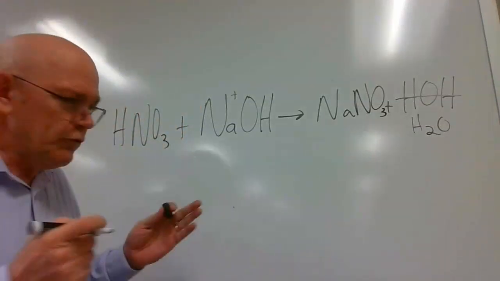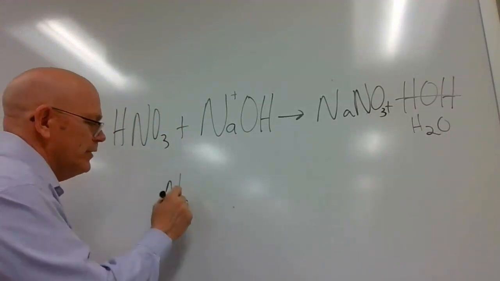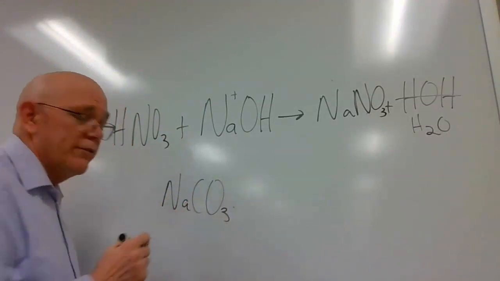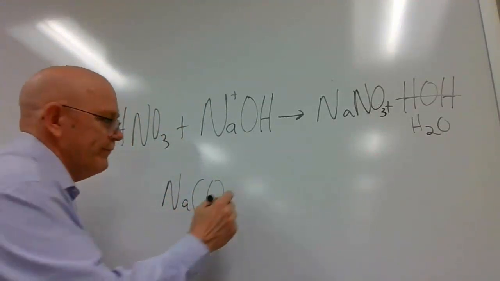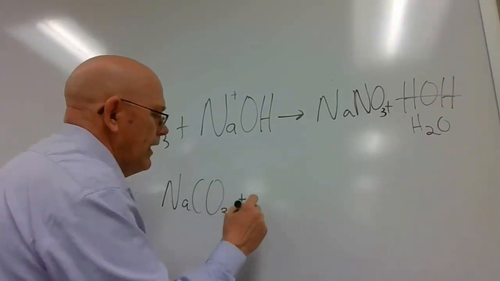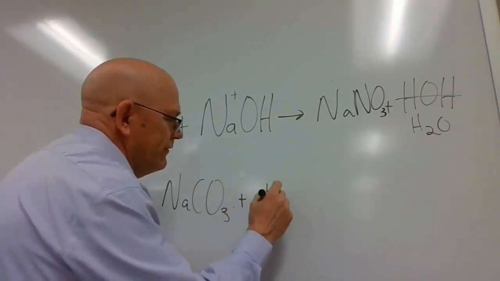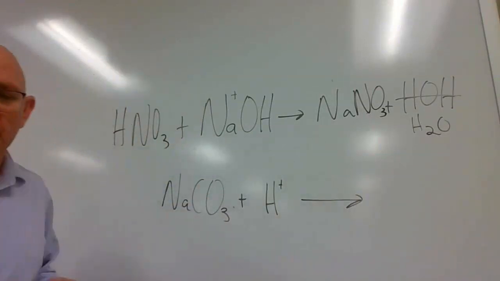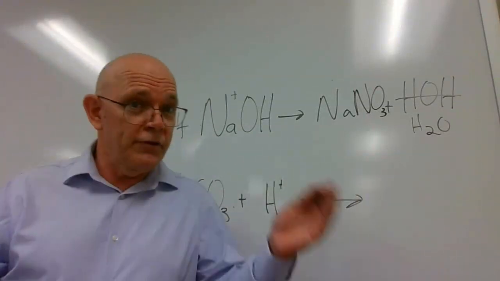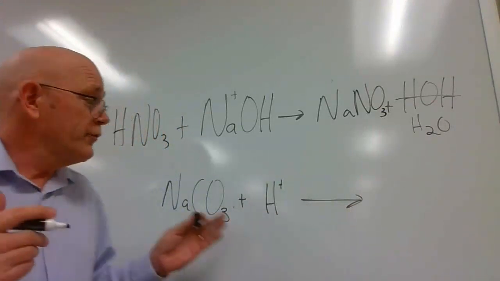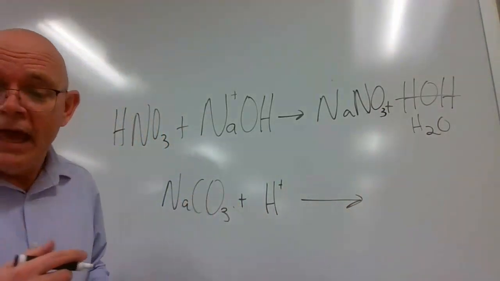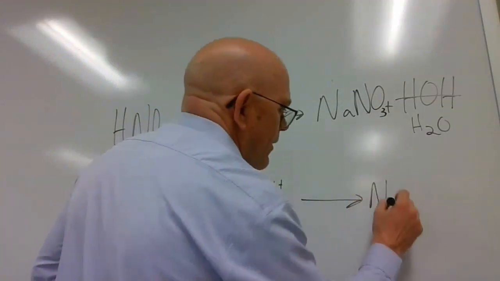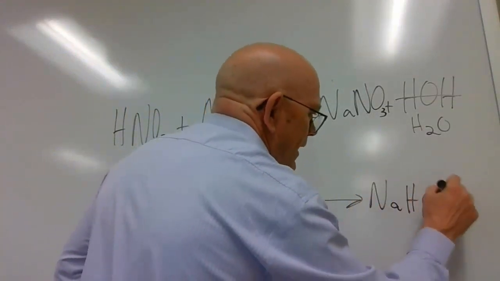Okay, and just to give an example, say you have sodium carbonate, which is more or less a base. If there are extra hydrogens floating around in your system and it's becoming too acidic because you're getting a higher concentration of hydrogens, sodium carbonate can pick those up and become sodium bicarbonate.